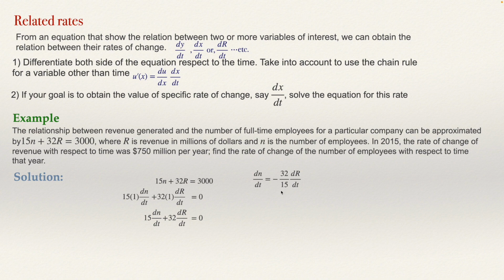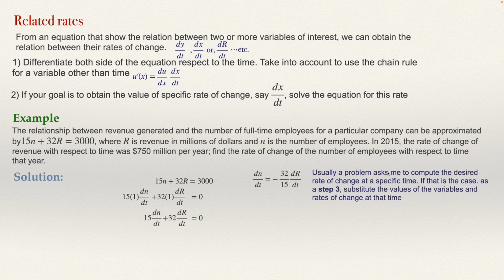This is part of the solution. Usually a problem asks me to compute the desired rate of change at a specific time. If that is the case, as step 3, substitute the value of that variable and rate of change at that time. That's the moment when you take the picture. You take the picture in 2015. The question was what happened in 2015.